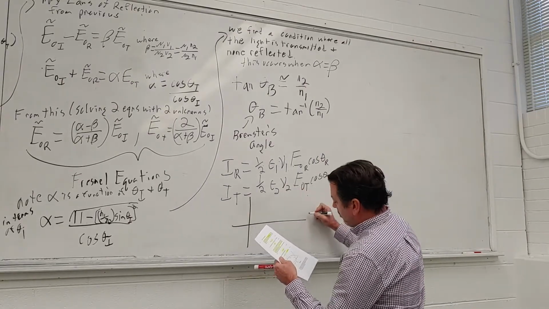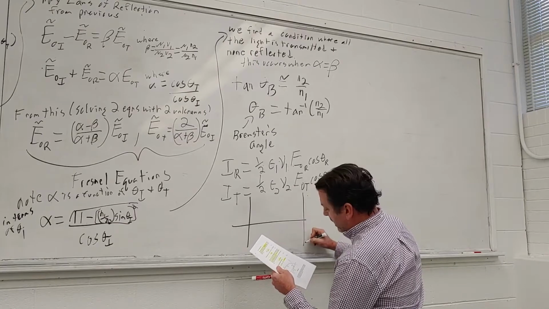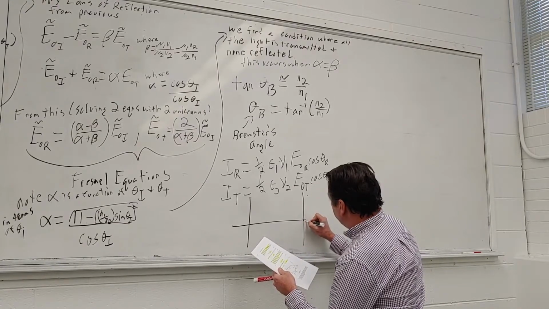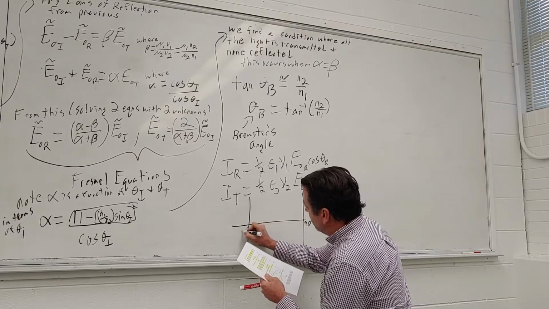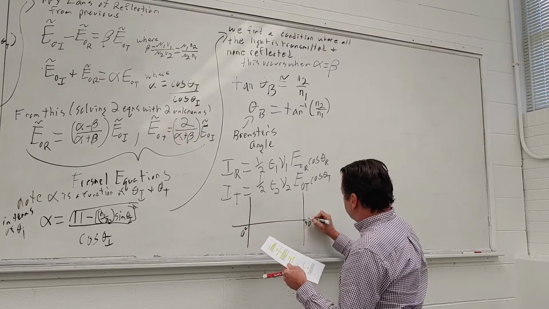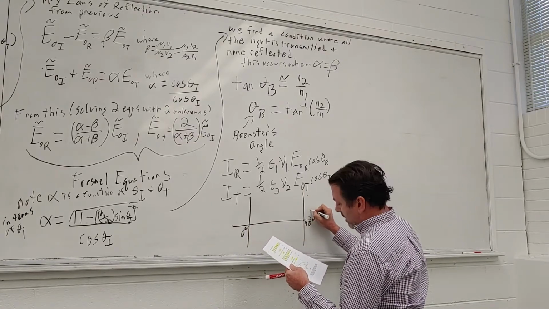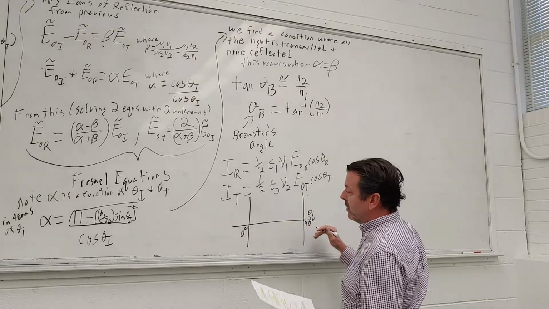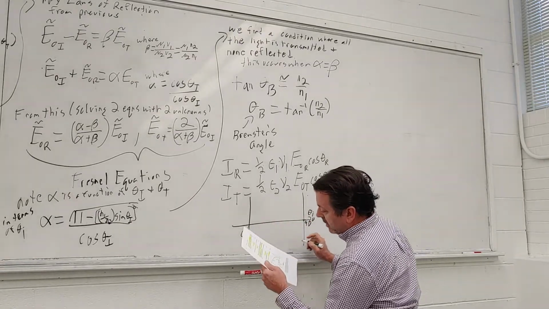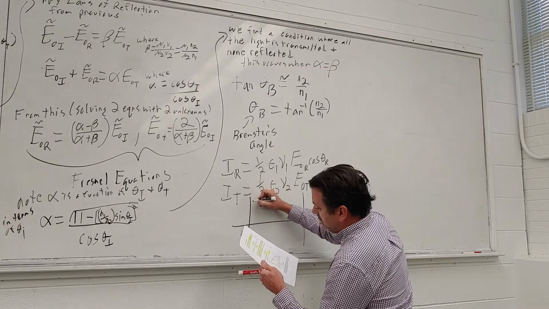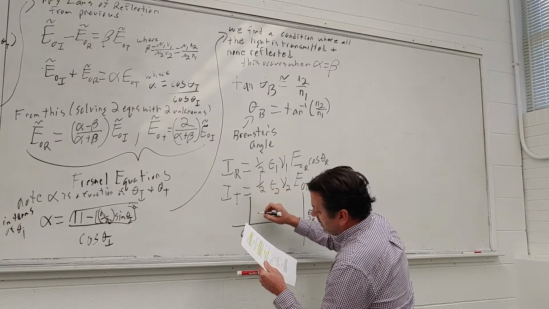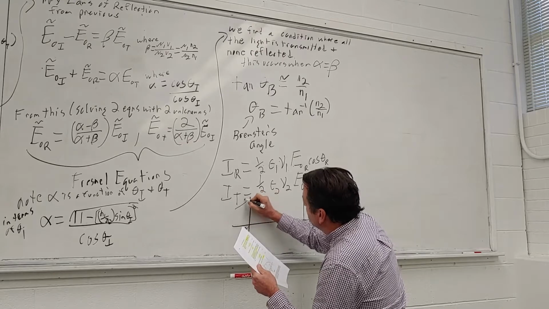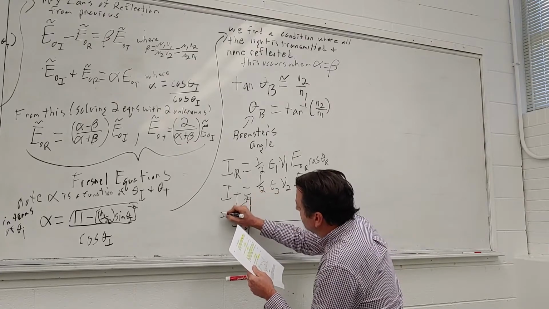And if you look at a graph, what they basically do is they stop this right here at 90 degrees and at 0 degrees. And this is going to be our incident angle here on what we normally call the x-axis. The horizontal axis will be the incident angle. So here is going to be the intensities.